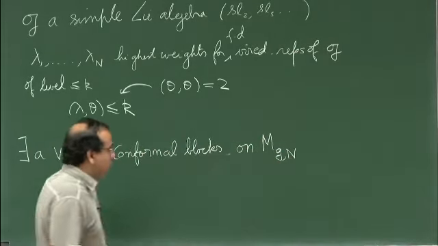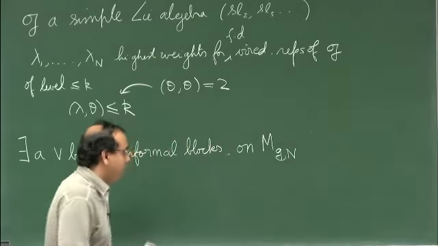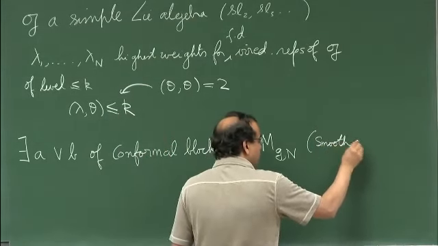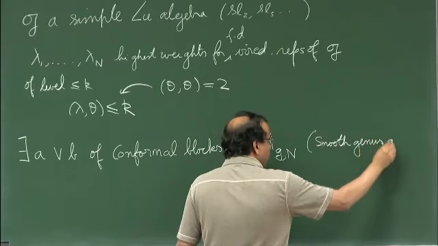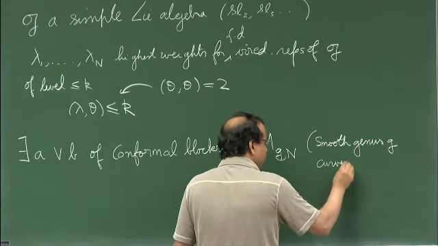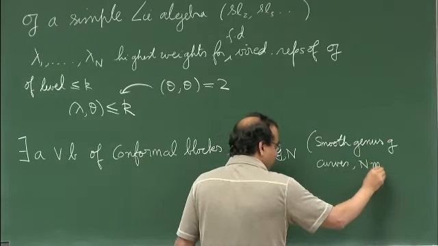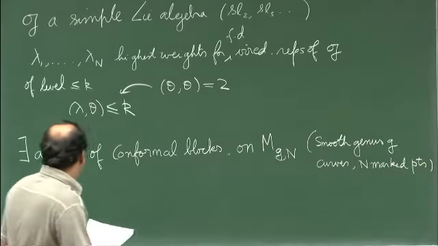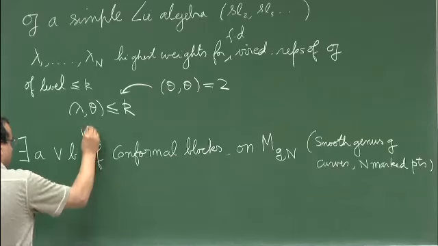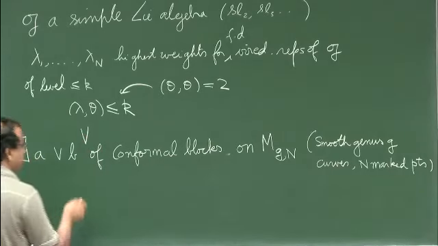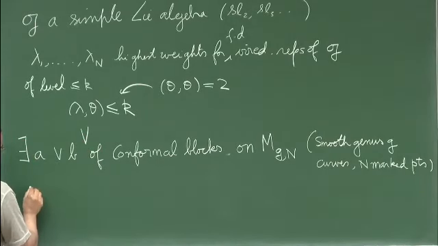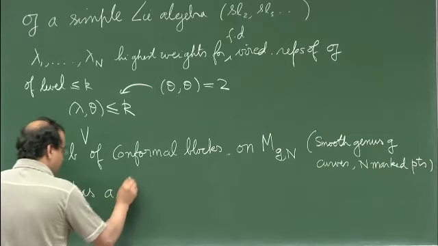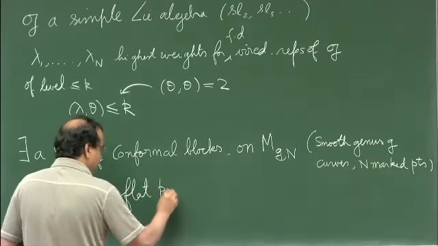So I'm going to be working only on the smooth part: smooth genus g curves with n marked points, distinct and all that. So I'm going to call this V, okay. And this has a flat projective connection.